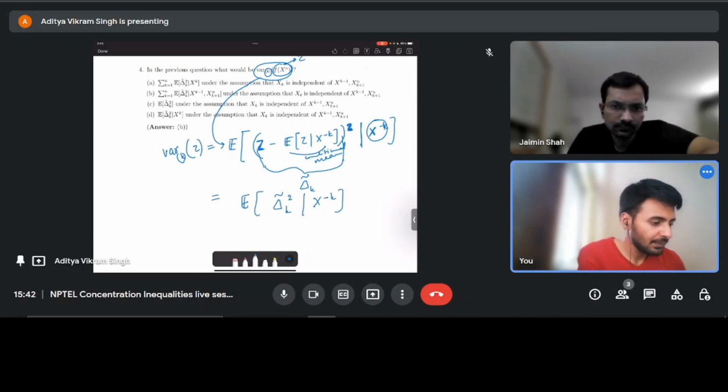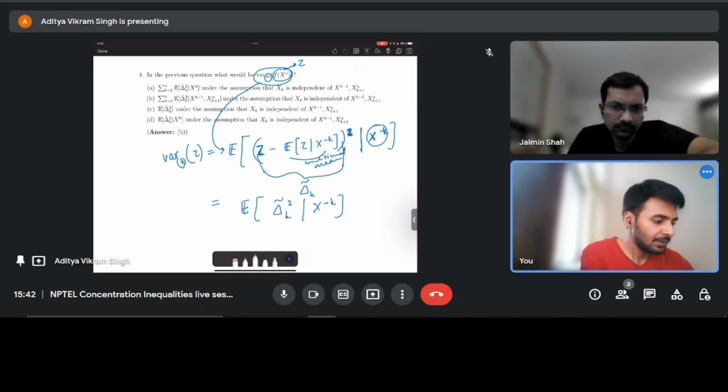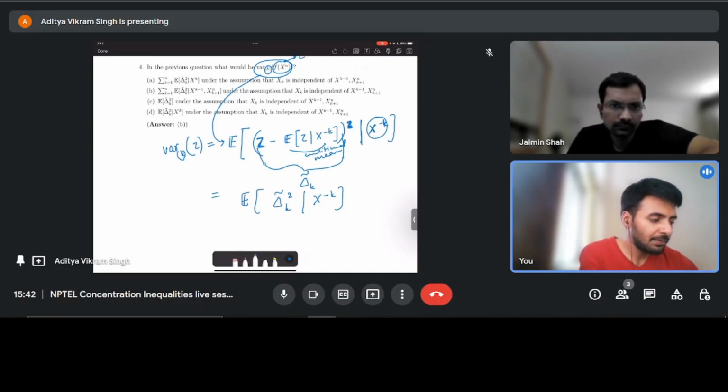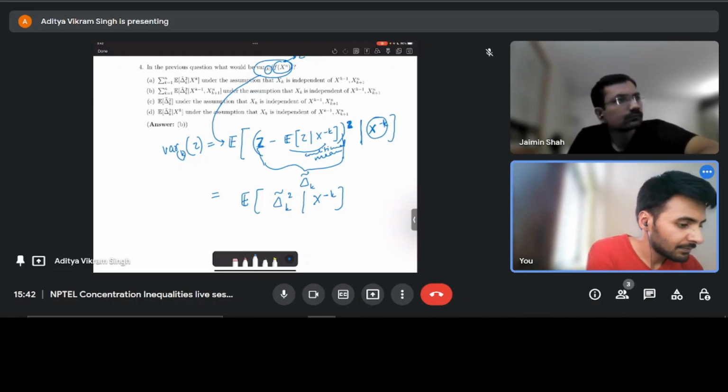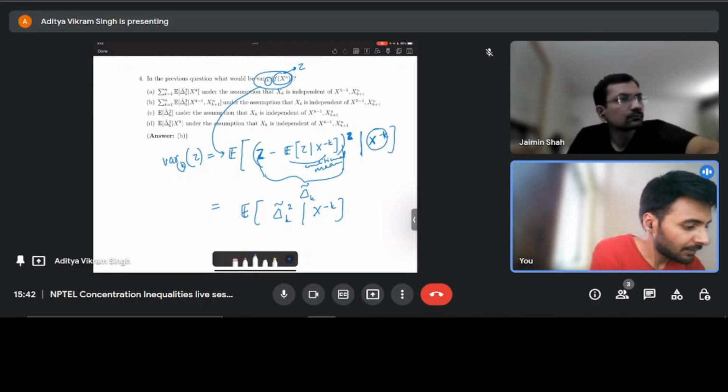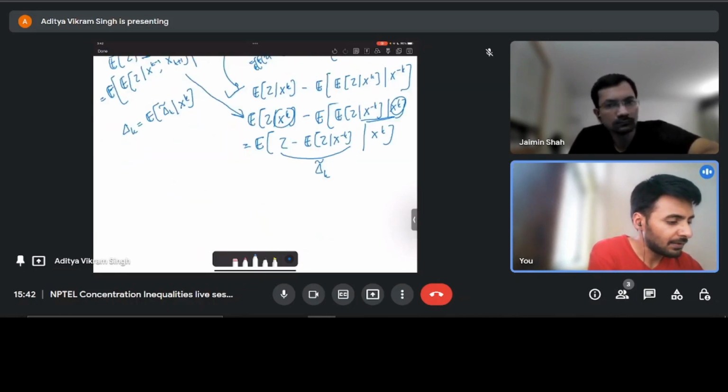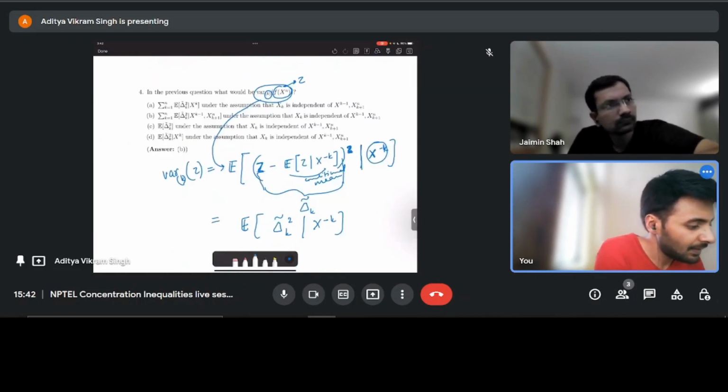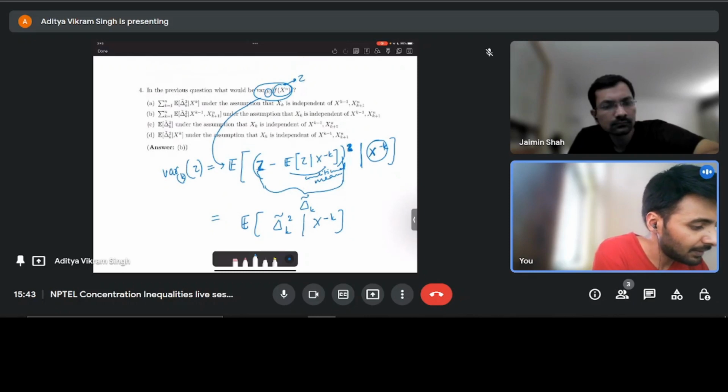And did we use independence? Where did we use independence? For deriving this delta tilde k, I think we didn't use independence here at all, did we?